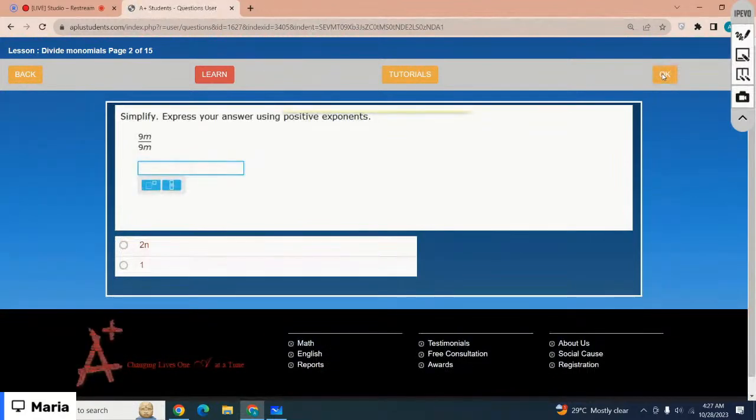Express your answer using positive exponents. So which is the correct option? The correct option is when you divide them, the answer is 1.